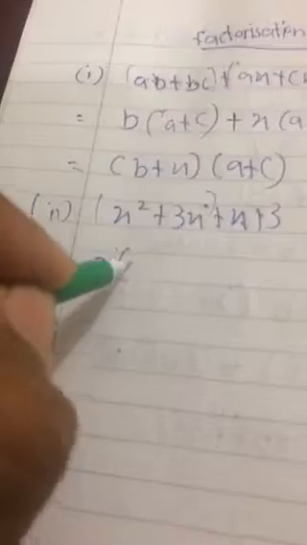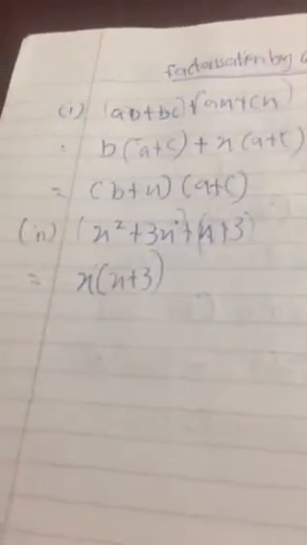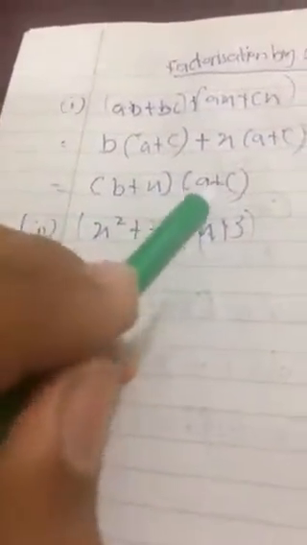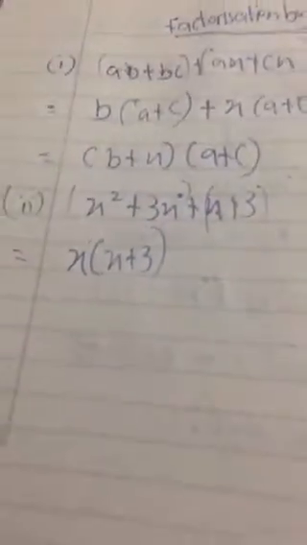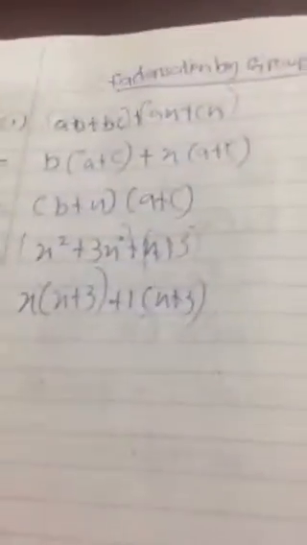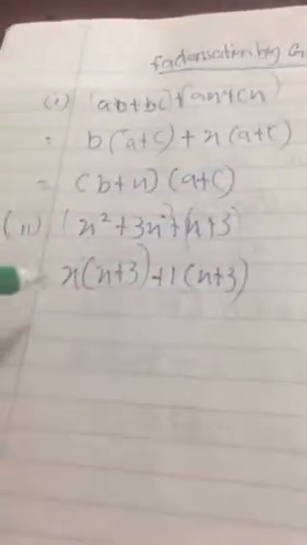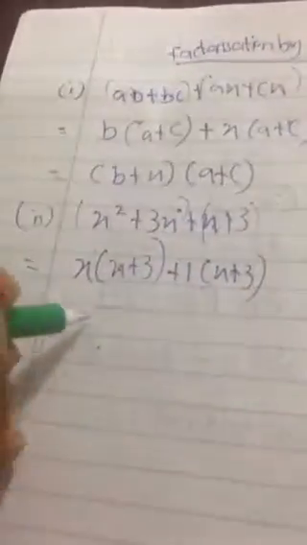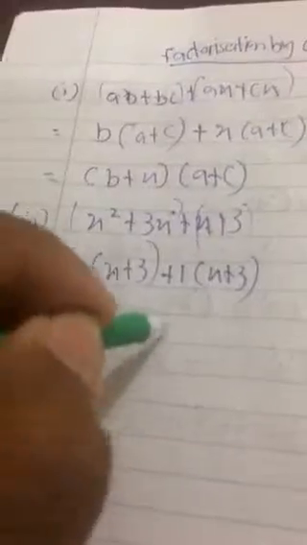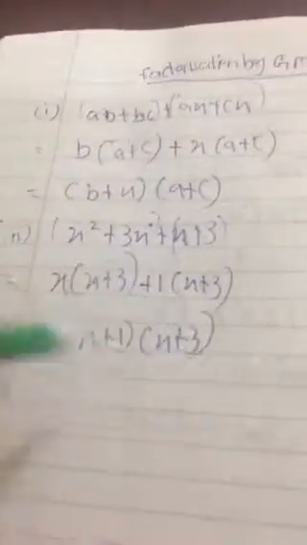So x plus 3, I write this. Now in x plus 3, what is common? 1 will be common, because 1 into x and 1 into 3 is equal. So if I write plus 1 into x plus 3, I can also get my desired expression. So then x plus 3 and x plus 3 is common. I can write x plus 1 into x plus 3.